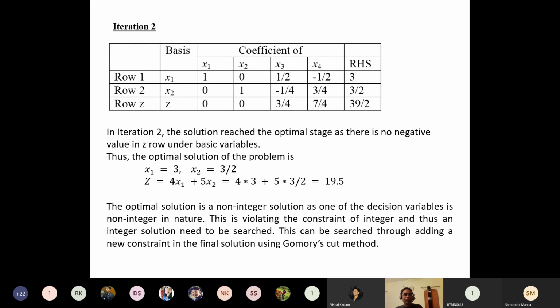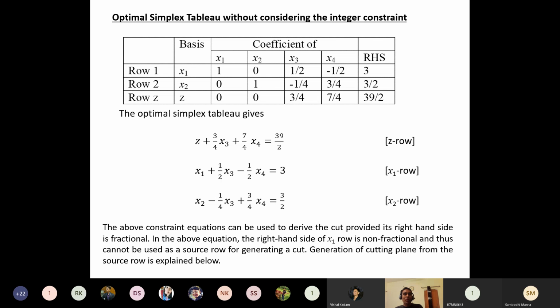Now here you can see this is the optimal simplex table without considering the integer constraint. So this is the final simplex table we got: X1 is equal to 3 and X2 is equal to 3 by 2 and Z is equal to 39 by 2. From this final simplex table, we can write these equations: Z plus 3 by 4 X3 plus 7 by 4 X4 is equal to 39 by 2.